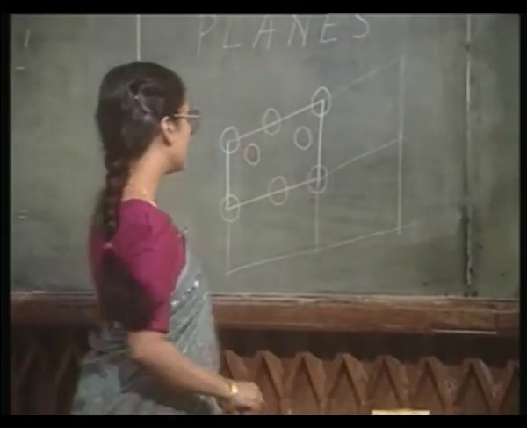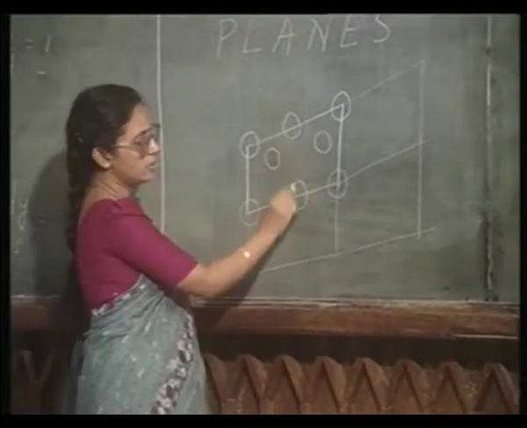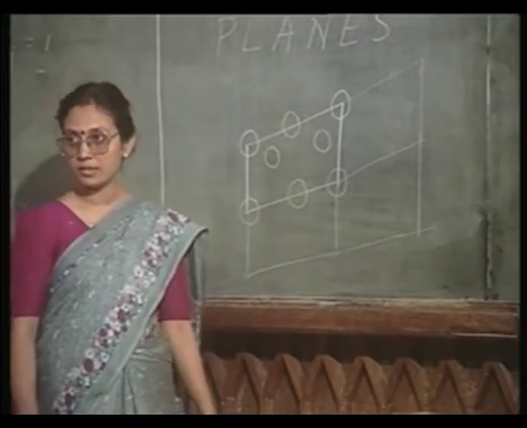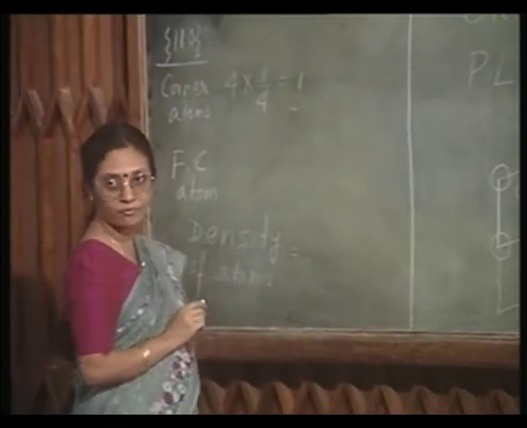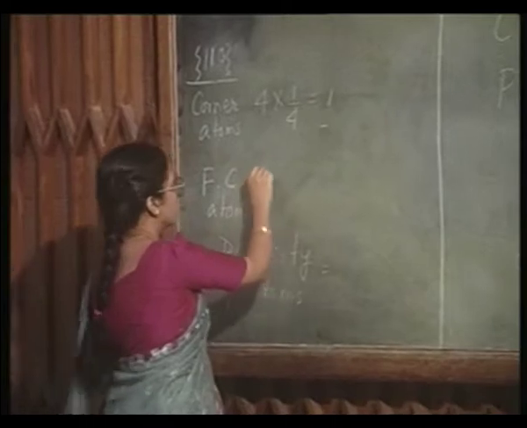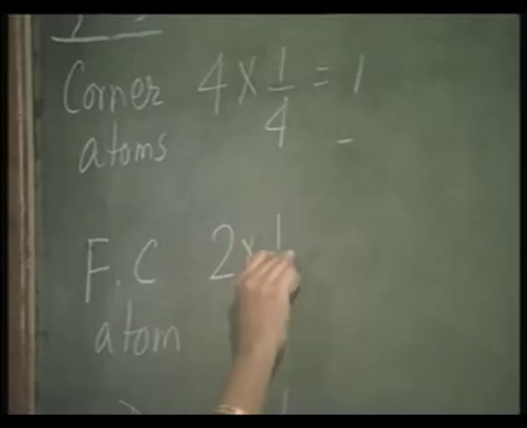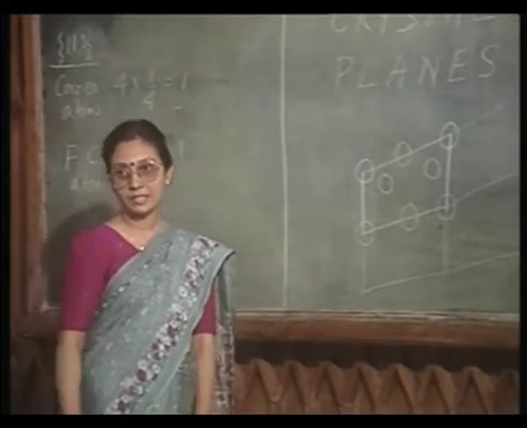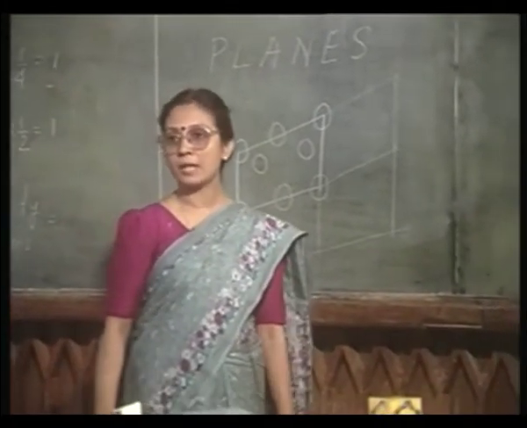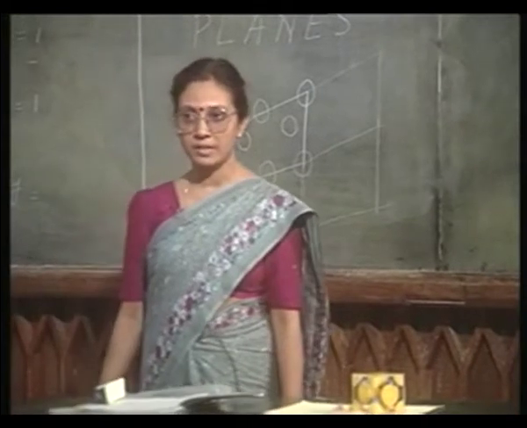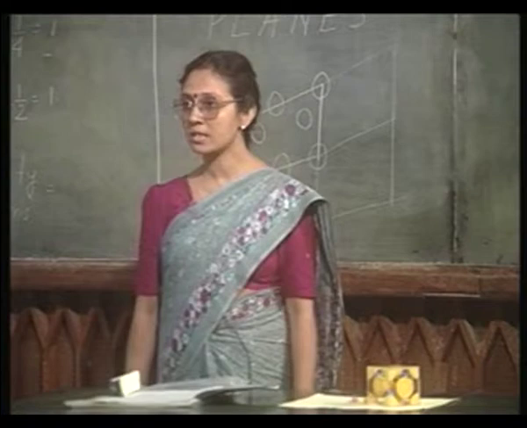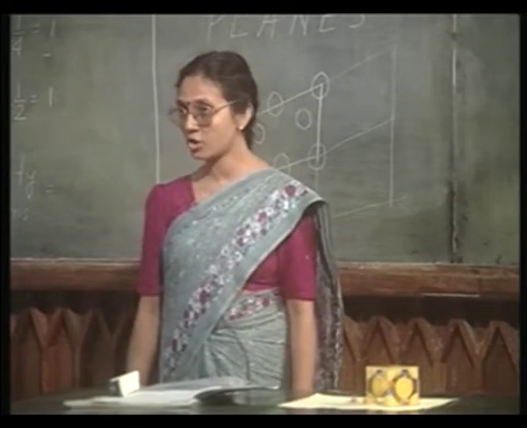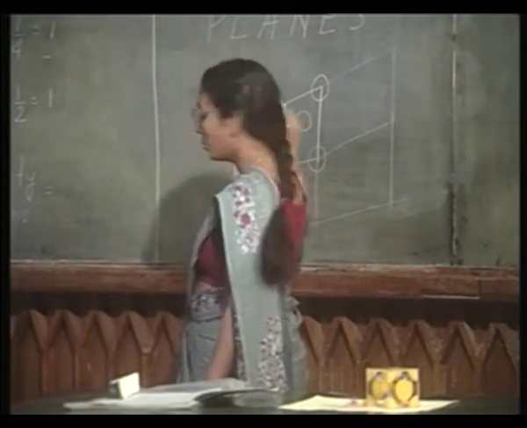What about the face centered atom? This is one of the face centered atoms and it is shared by 2 planes. Therefore, the contribution is half, and since I have 2 such face centered atoms, it is 2 into half equal to 1. In addition, I have 2 atoms of the second sublattice which is uniquely sitting on this 1 1 0 plane. It is not shared by any other 1 1 0 planes.